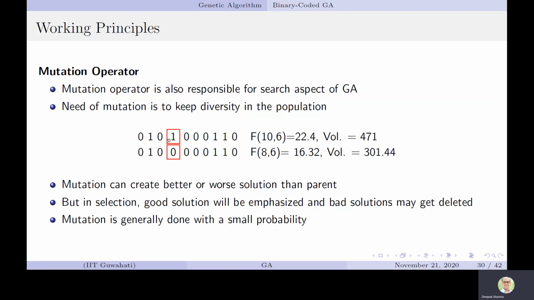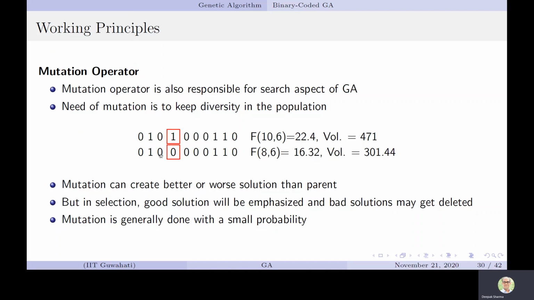So let us take this particular string, remember that the fitness of C1 was 22.1. So we have taken C1. Now in the C1 string, randomly we went to the fourth position, which is currently 1. Now we are mutating this 1 to 0, and the rest of the bits will remain the same.